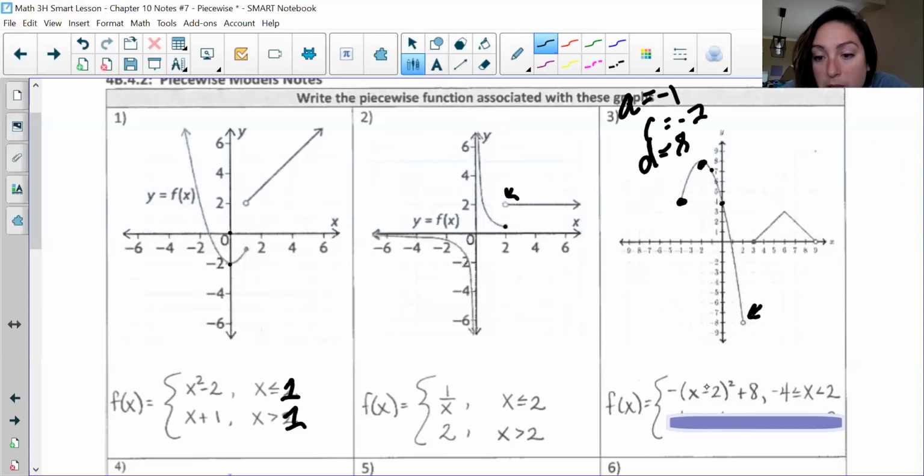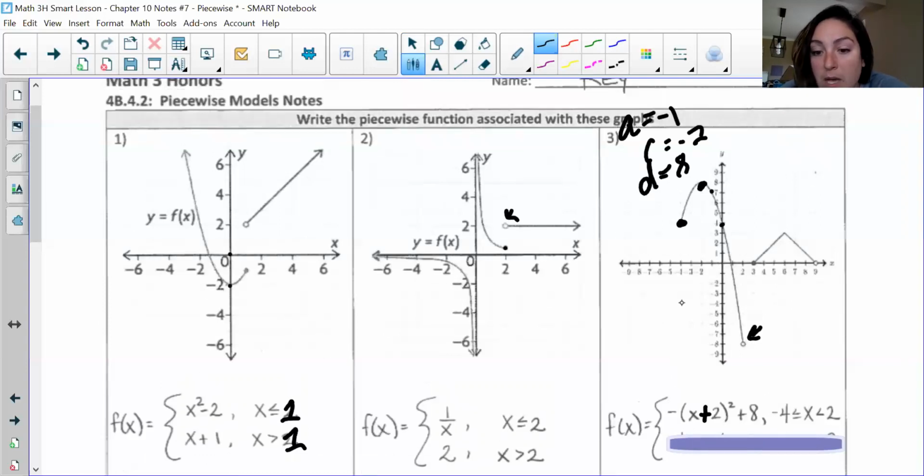And that should be a +2, because it got shifted left 2, not right 2. And +8, very good. Between -4 inclusive and non-inclusive on the 2. Good. And then our other one is absolute value.